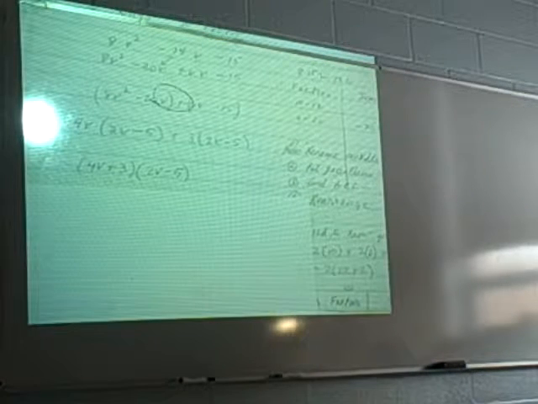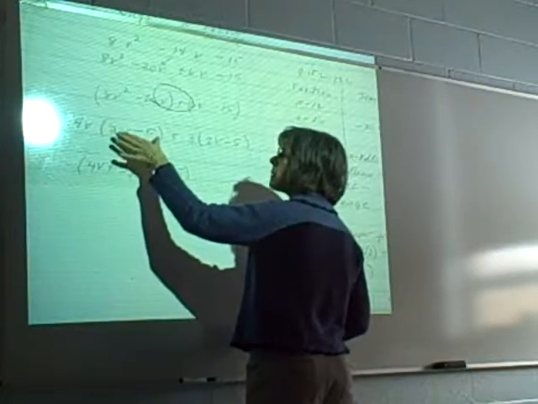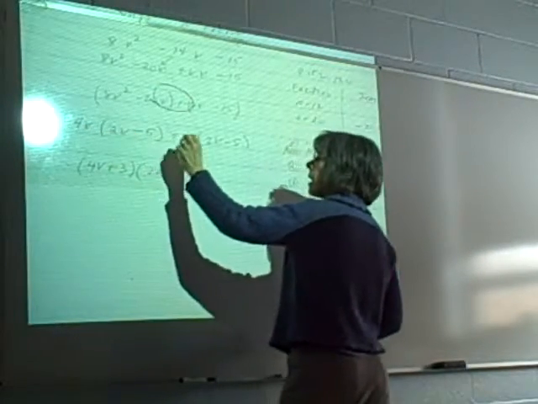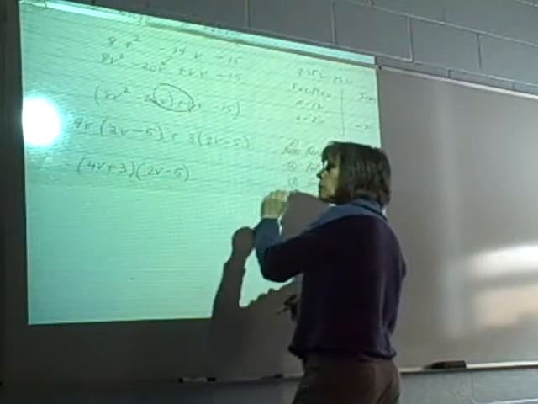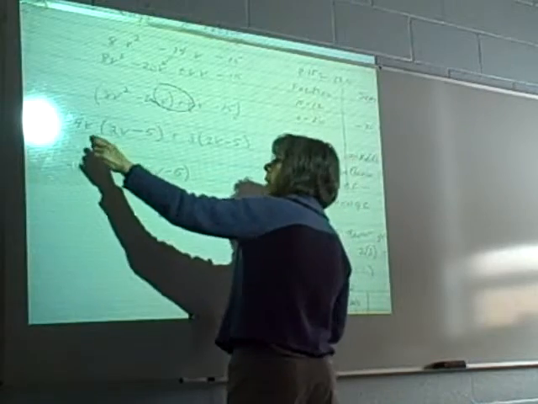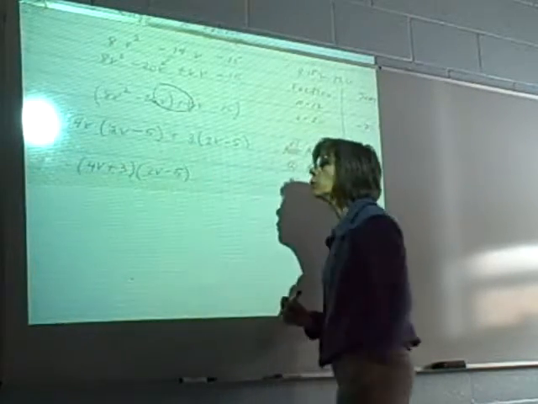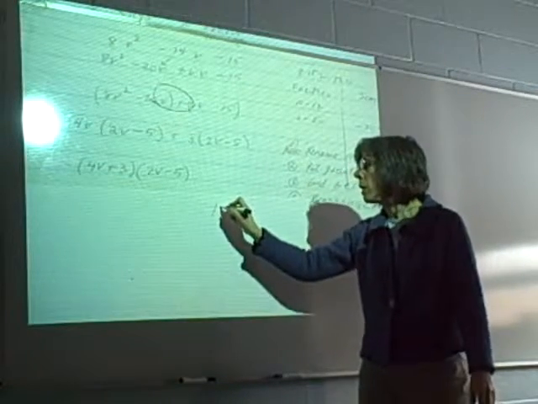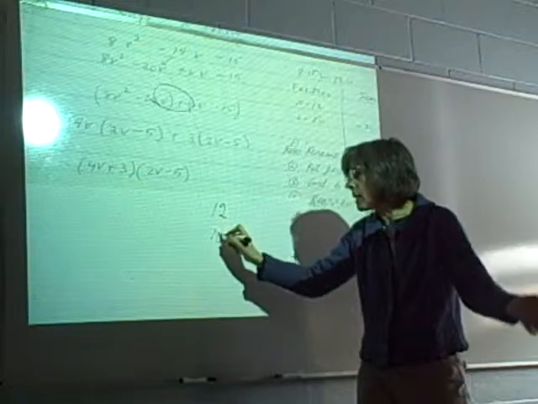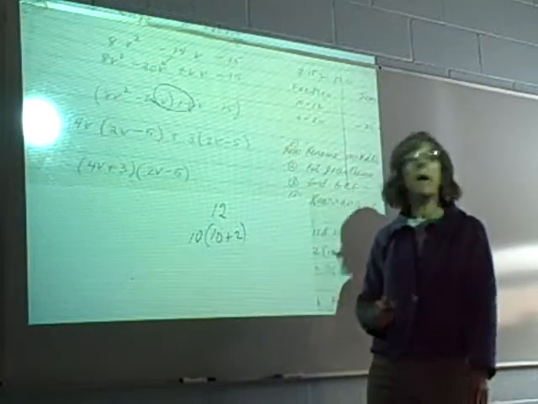Wait, but can you say that again? I know that this times this and this times that is really the same as 4V plus 3 times 2V minus 5. It was just like what I said to you before about 12 being 10 plus 2 and multiplying this by 10.